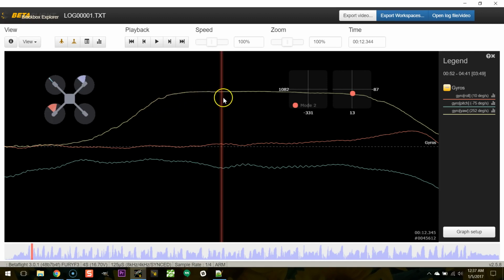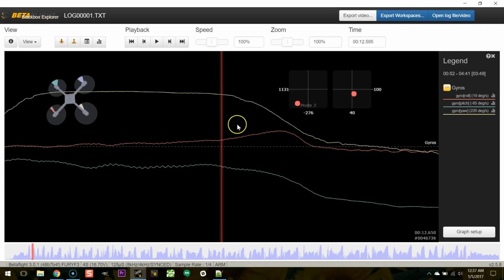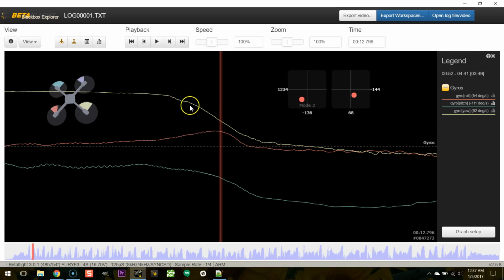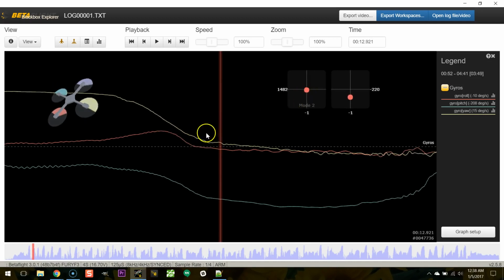And now it is yawing to the left at approximately the same speed. It is neither going faster nor slowing down, but it is continuing to move at the same speed. And as the stick recenters, you can see that the copter slows down. The line is still positive. We are still yawing to the left, but slower and slower until the stick recenters and the gyro roughly returns to 0.